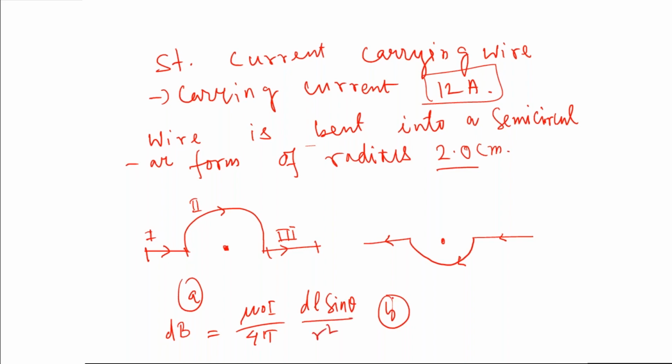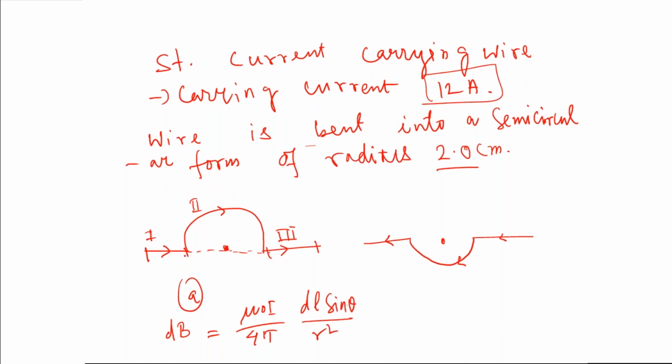This is what you have to use here to solve this problem. You might be thinking, then how to do it with the straight line? For the straight line, look here. This theta is the angle between the current element and the radius vector, where you are calculating the magnetic field.